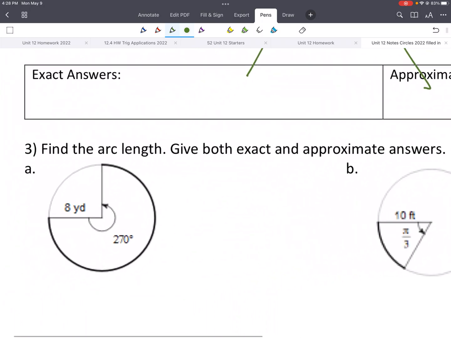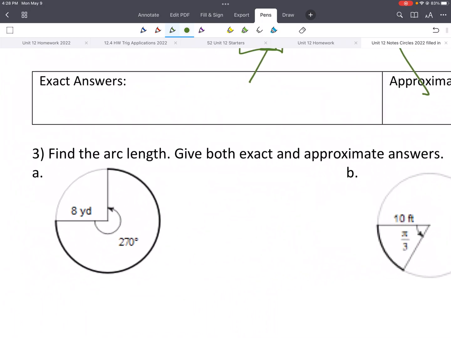So the first one is in degrees. Same sort of thing, we want the fraction of it, so 270 out of 360, and then we're going to multiply it by 2 pi r, so 2 pi, and here r is 8. We can evaluate everything and just keep the pi by itself, so we'll have pi over here, but then we'll do 270 divided by 360 times 2 times 8.